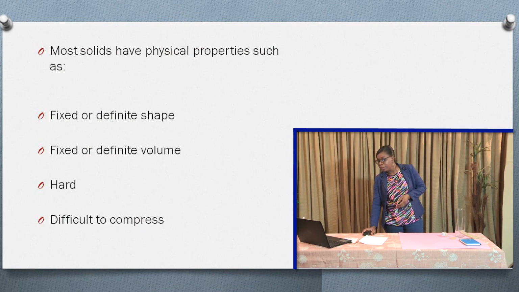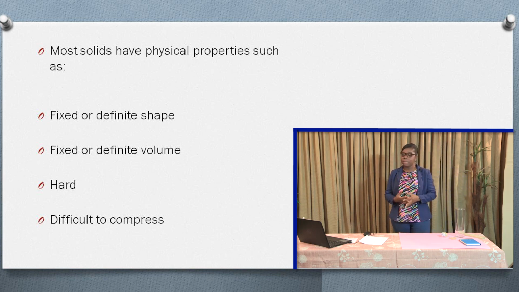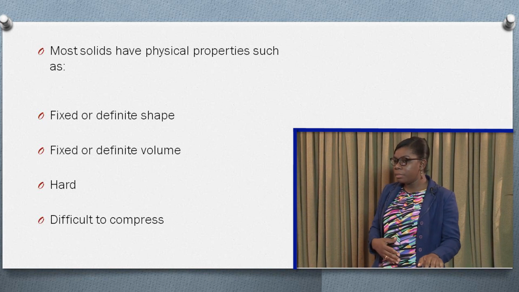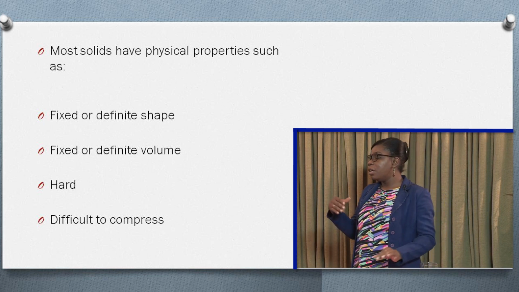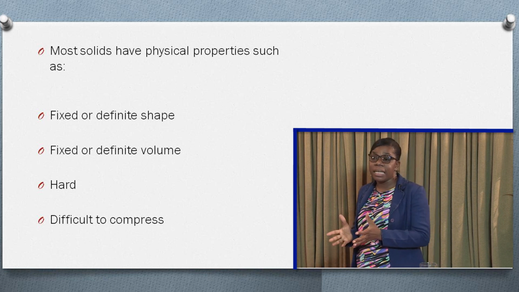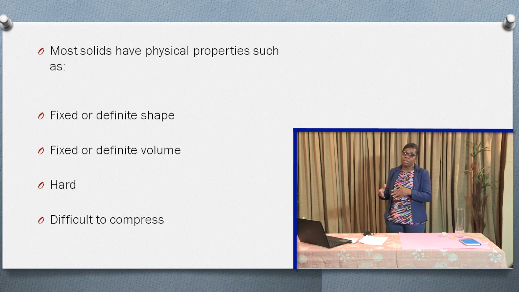We also learned that there are physical properties that are common among most of the solids around us. These are that they have a fixed shape, or we say definite, and a fixed volume, which cannot be changed from one place to another.